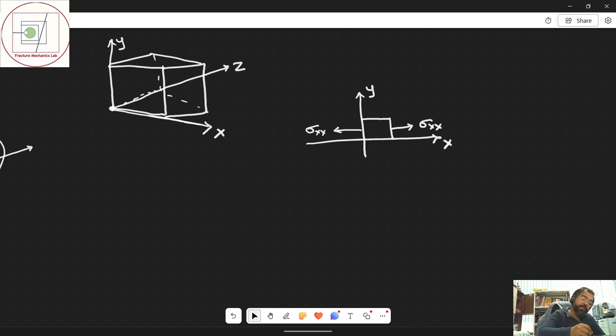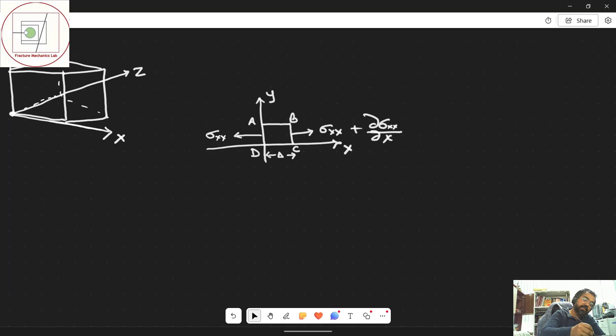So let us say that the rate of change of the stress along the x direction can be given by this. Therefore, for the stress on this side, let me name the corners A, B, C and D. The stress on the face BC is going to be sigma xx plus the rate of change of the stress along the x direction multiplied by the distance, which is delta x.